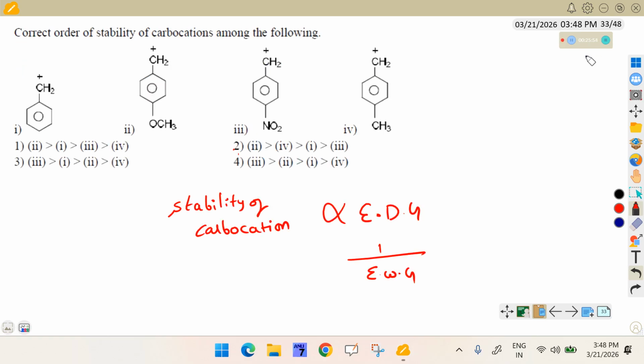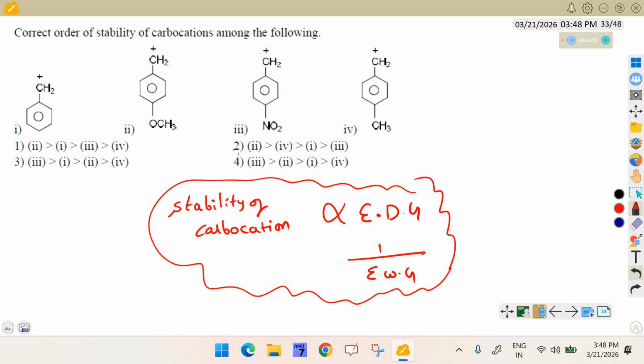Correct order of stability of carbocation. Carbocation stability is directly proportional to electron donating groups and inversely proportional to electron withdrawing groups. CH3 is an electron donating group. NO2 is an electron withdrawing group. Here, no electron donating or withdrawing group.